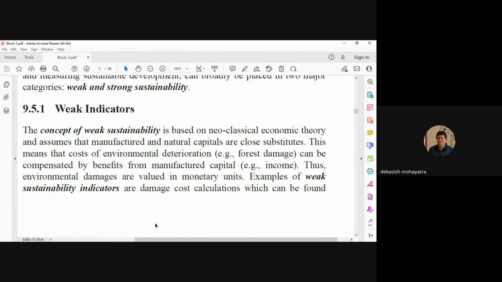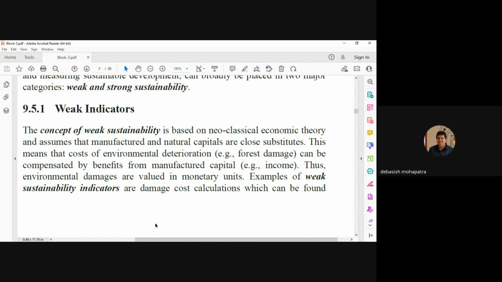The concept of weak sustainability is based on neoclassical economic theory and assumes that manufactured and natural capitals are close substitutes. This means that the cost of environmental deterioration, for example forest damage, can be compensated by benefits from manufactured capital, for example income. Thus, environmental damages are valued in monetary units.